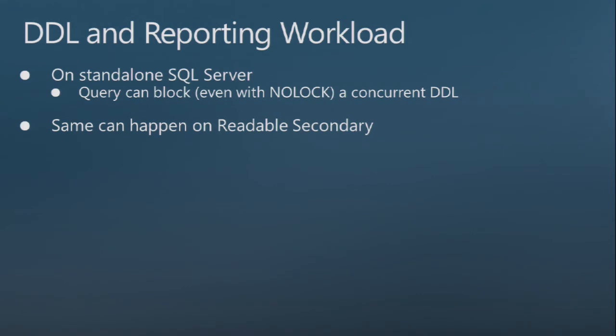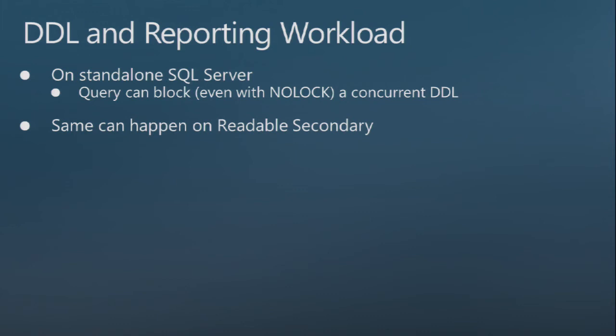So I have a statement saying ALTER TABLE T1 ADD COLUMN. Now, assuming the reporting query was running on table T1 and it has a schema S lock. On the primary, that schema S lock was not there because there is no reporting workload running on the primary. So the ALTER TABLE ADD COLUMN succeeds on the primary.